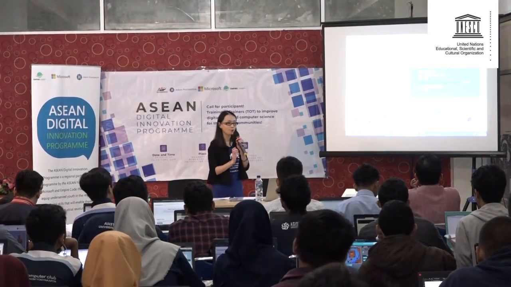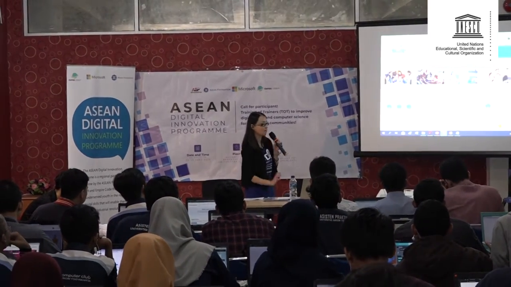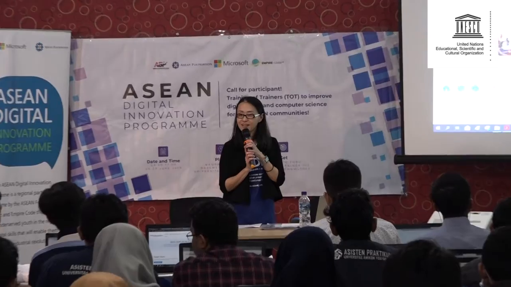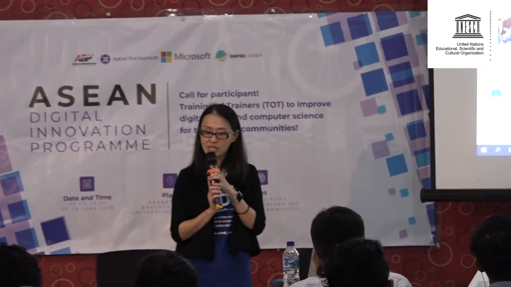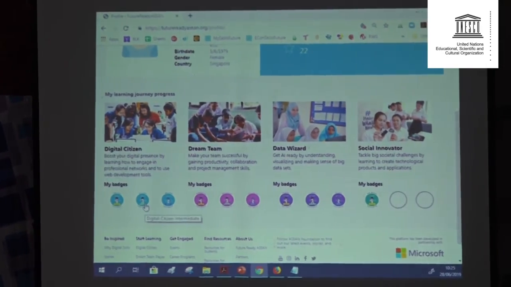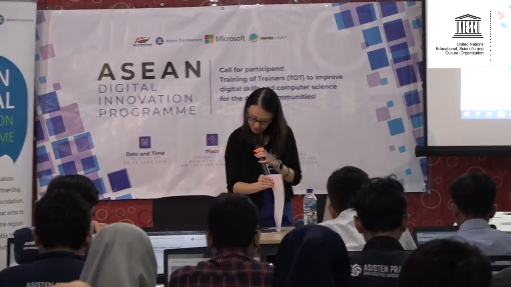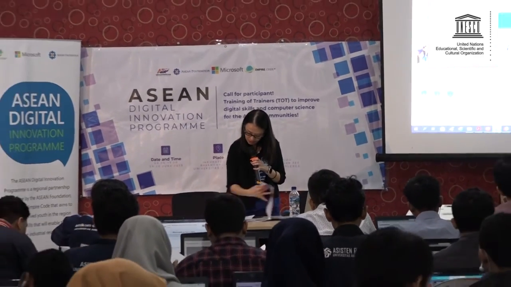This is me and my profile, and these are the badges that I have collected. Okay? Now, how have I collected each badge? In case you are wondering, and what might be helpful is, let's go to the toolkit. Does everybody have the toolkit? We can use it as a reference, which is a fantastic reference.